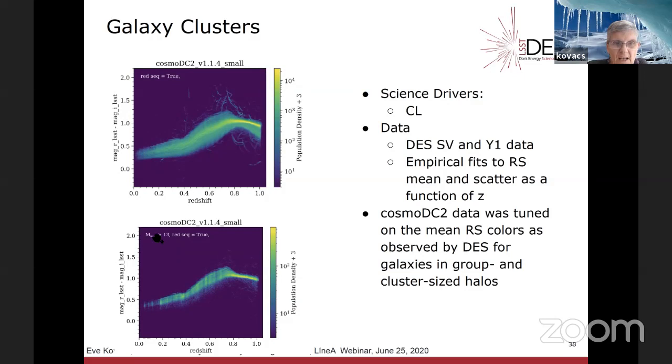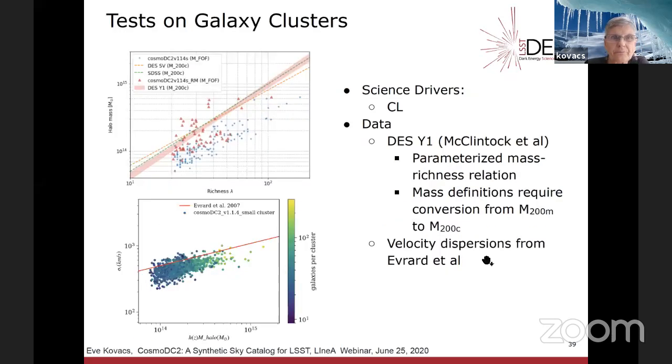If it's in a high mass halo, you see that the scatter on this relationship for the red sequence, which is the color versus redshift, is much tighter. And that's what you need for redMaPPer, this optical cluster finder, to work well. So you expect this to be good because we did some tuning to make sure it would be good.